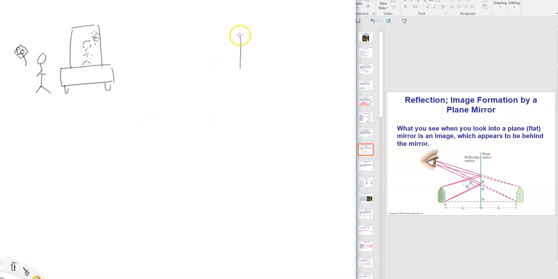So here we have a mirror. Let's say this is the back side. There is this little container like a water bottle over here, and you are somewhere here. Right. So this is how we draw the eye in ray diagrams. Now light from every point of this water bottle, in fact it's the light that reflects from the water bottle.